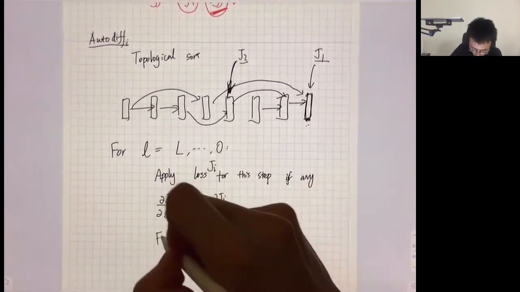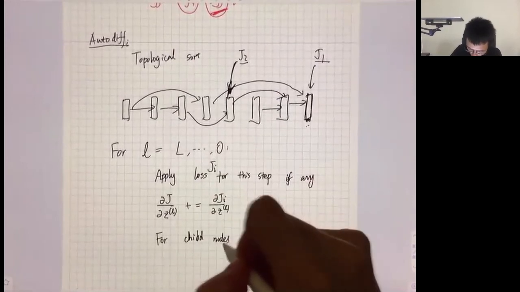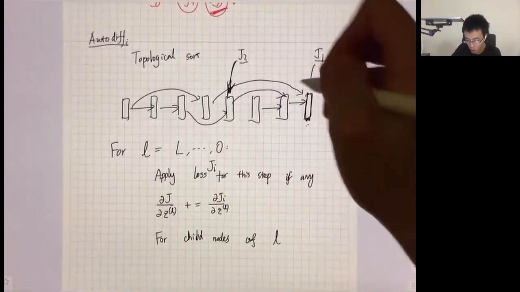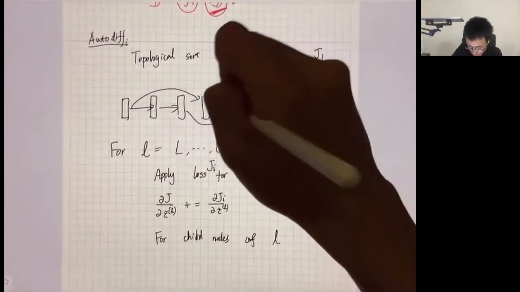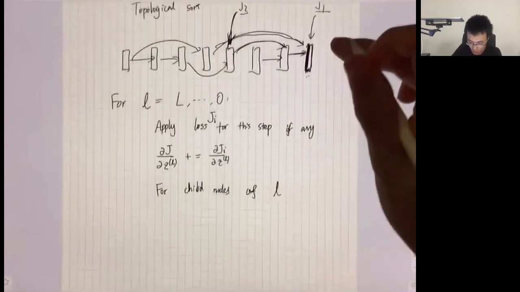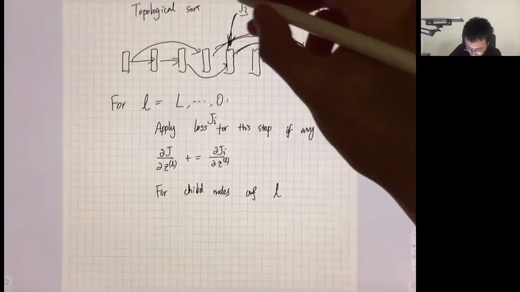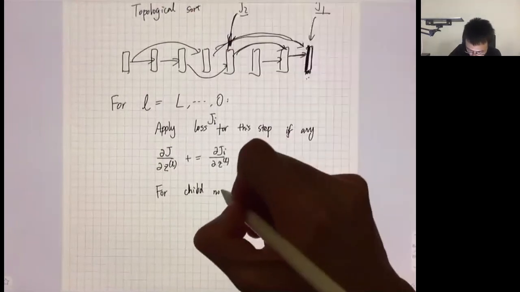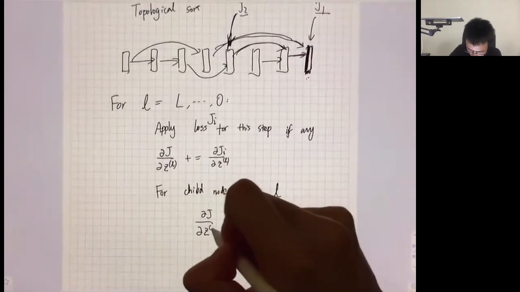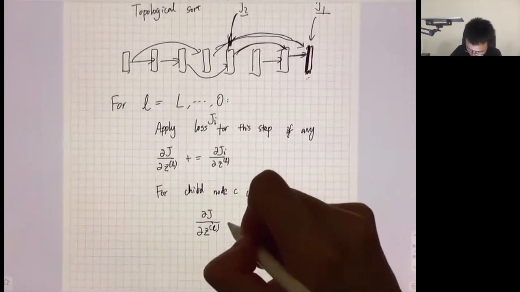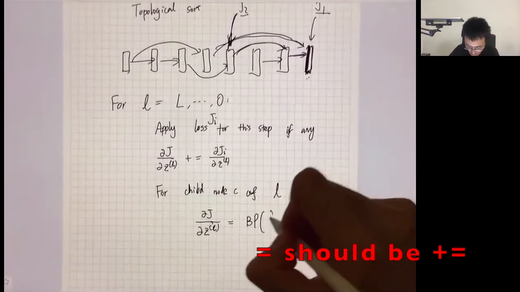Then for the child nodes of this layer, okay? If you are at this layer, the child nodes are this and that. For each child node C, the partial derivative of J with respect to C is the backpropagation from the current step.